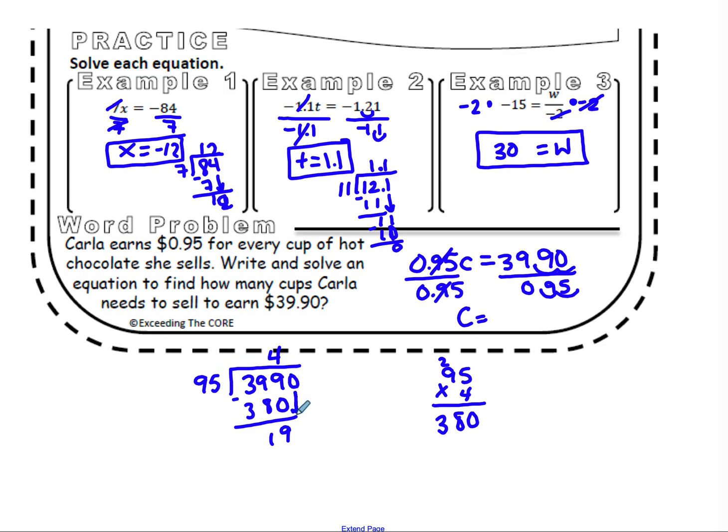All right, and then I'm going to put this over here. 95 I know goes into 190 twice. And it goes in evenly. 2 times 95 is 190. And again, if you're not sure, you can always do it off to the side. Okay, so 42 is the answer when I divided. And then I need a label. Cups.